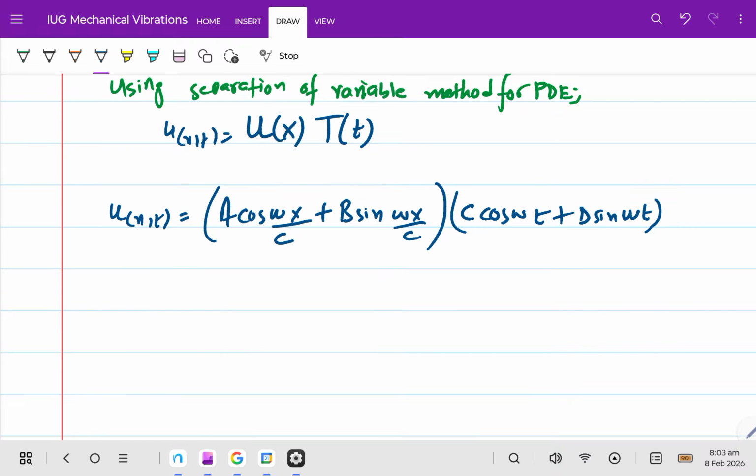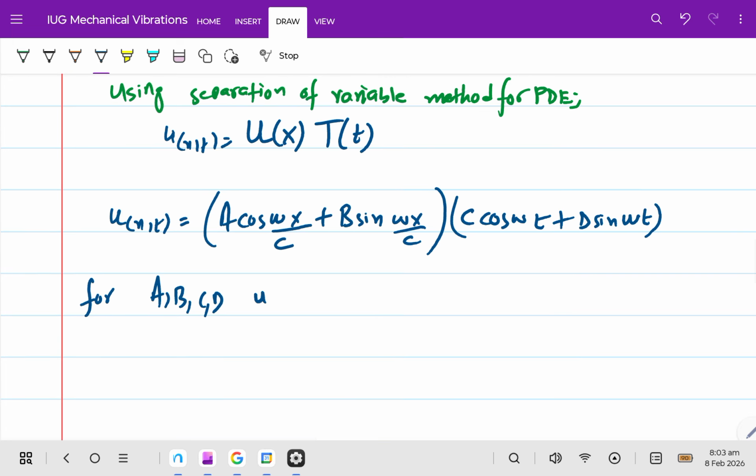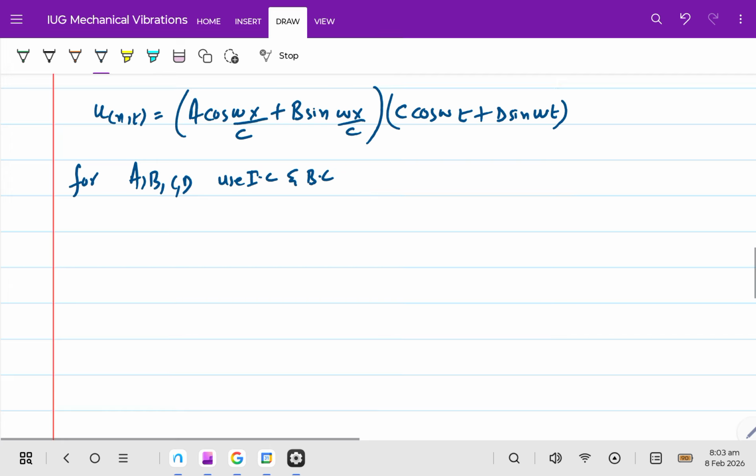Now, to find A, B, C, D, you have to use the initial and boundary conditions, like we did before. You have a homework to do yourself, just for practice.